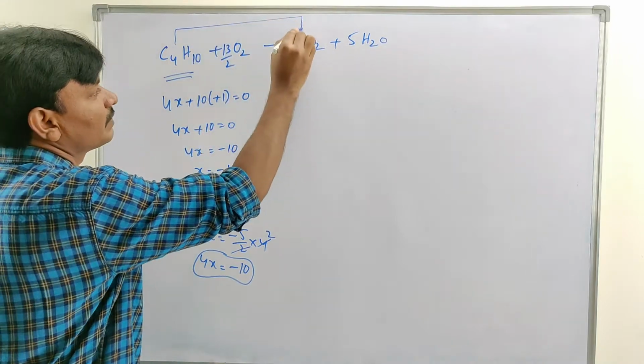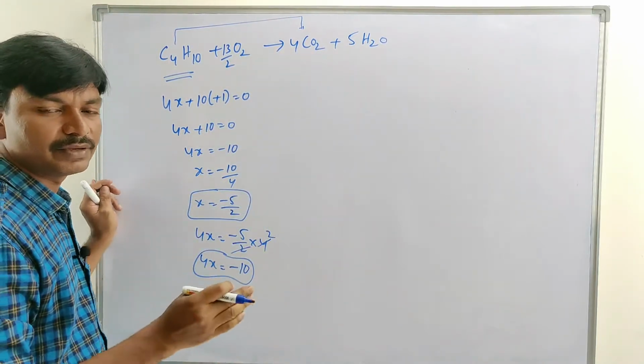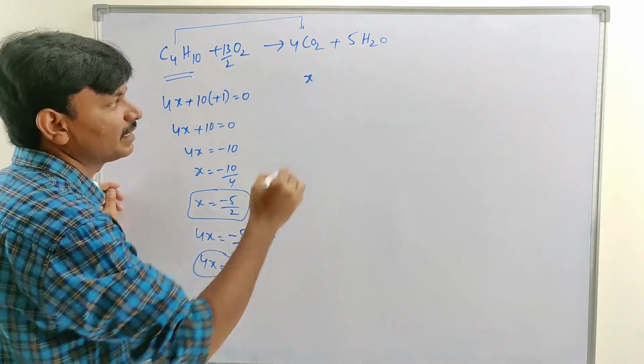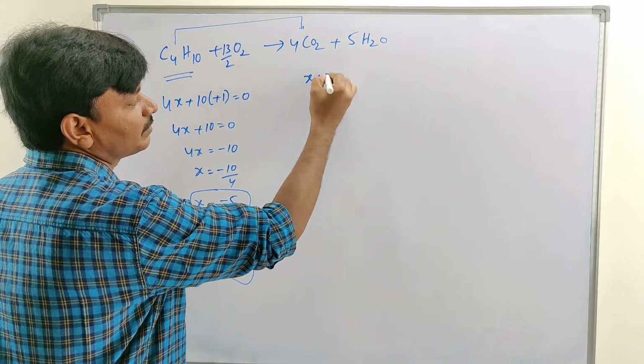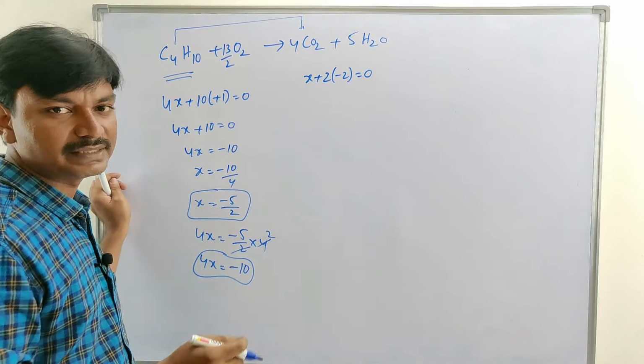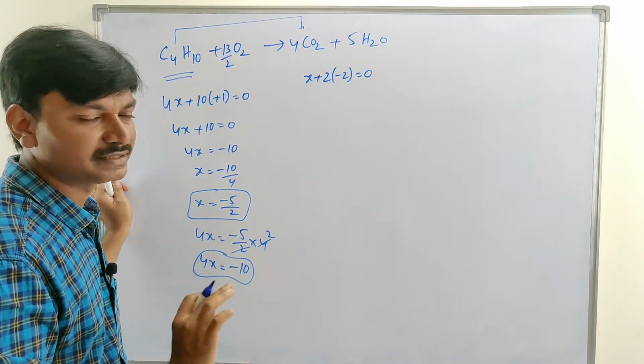Okay, clear? Here it is CO2. Carbon to carbon conversion. In CO2, carbon oxidation number: here x means carbon. Here 2 oxygen atoms are present. That's why 2 into minus 2, equal to 0. Minus 2 is the oxidation number of each oxygen atom.